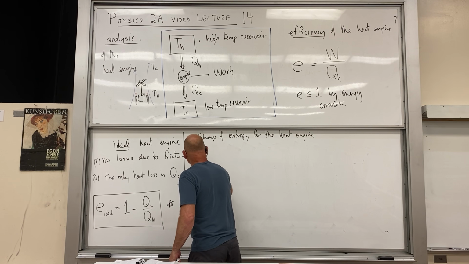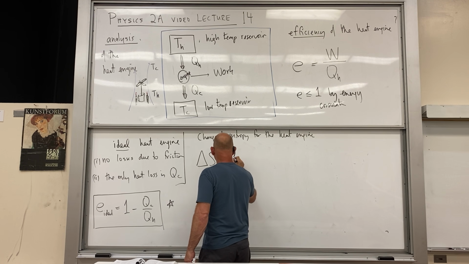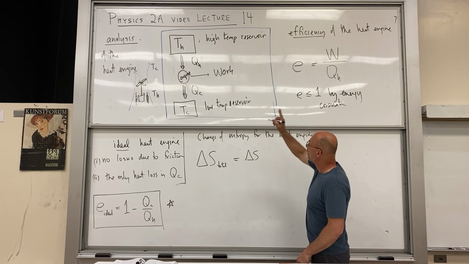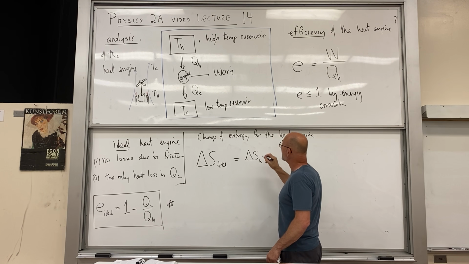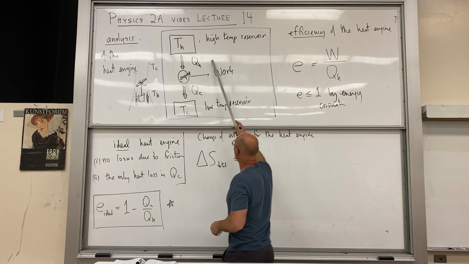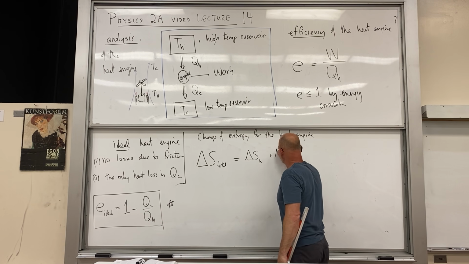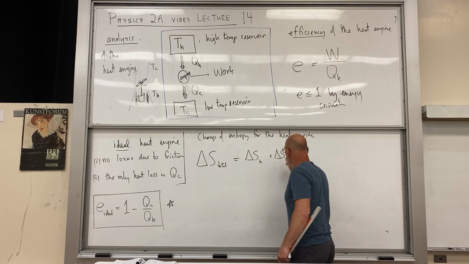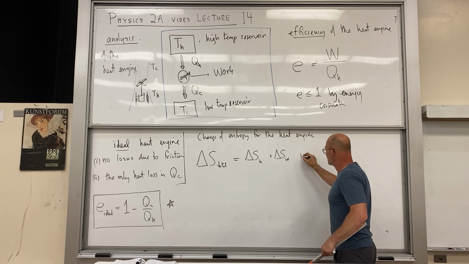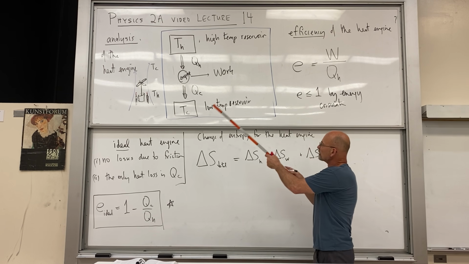And here we go, we're going to have delta S total equals delta S for this upper part of the process, we'll label it H, then plus delta S for the work part of the process, that's the engine, plus delta S for the low temperature part of the process.